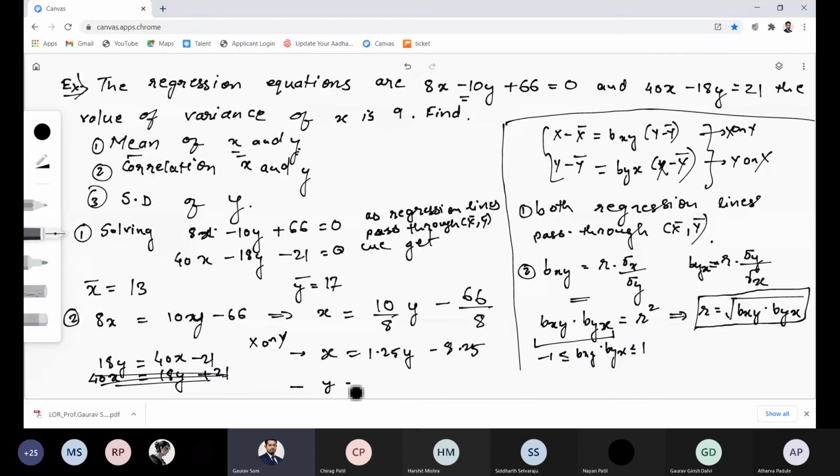So I have y is equal to 40 divided by 18, so that is 2.22x minus 21 divided by 18, 1.16.